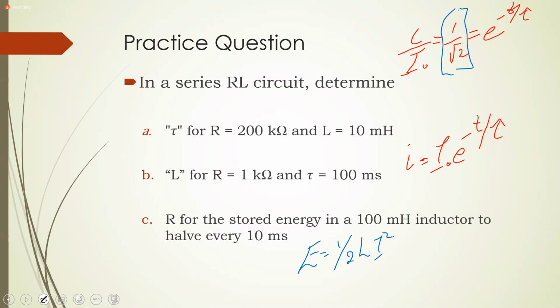However, what if I now reduce the current by a factor of 1 over root 2? I would have a half L, the same L, but I now have I over root 2 squared. What would that be equal to?